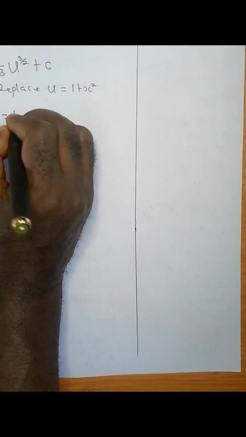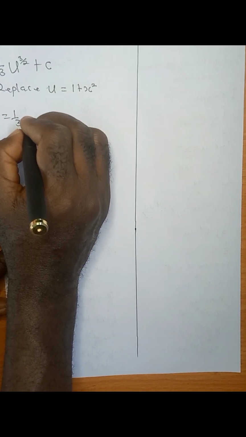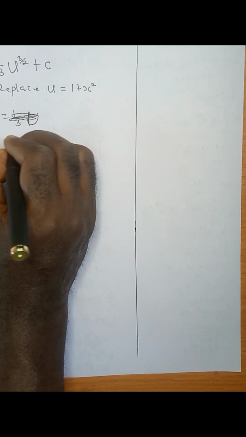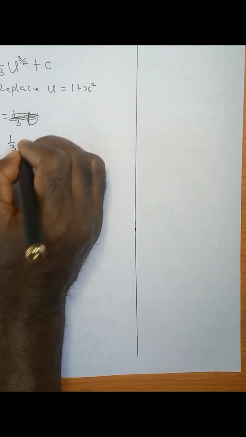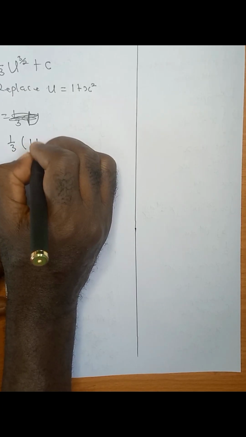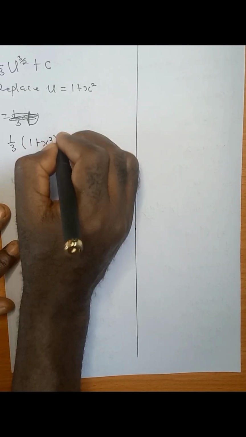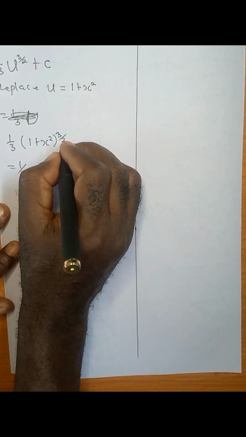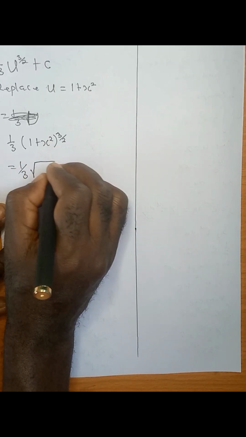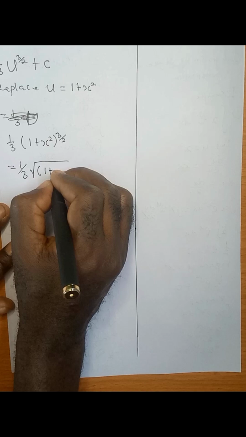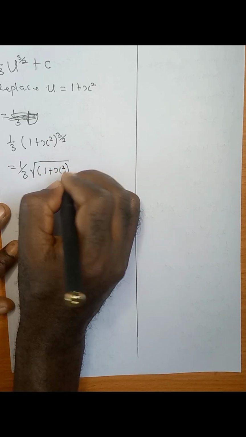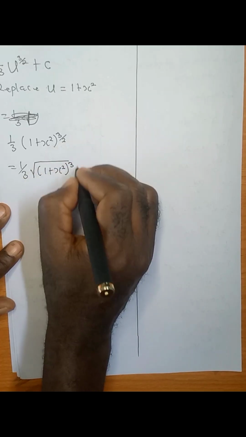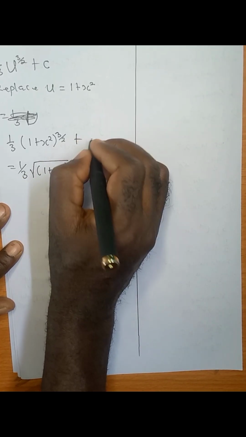Then we now have it as 1 over 3, our u is 1 plus x squared raised to power 3 over 2. Then we now have it as 1 over 3, this one means square root of 1 plus x squared, then everything raised to power 3, plus constant of integration. Thank you.